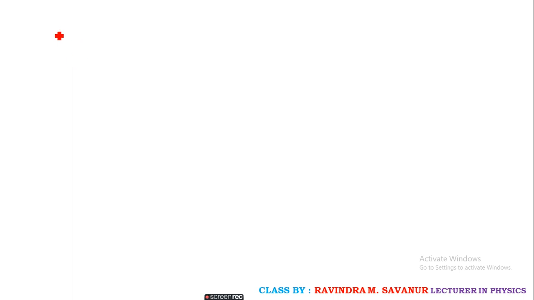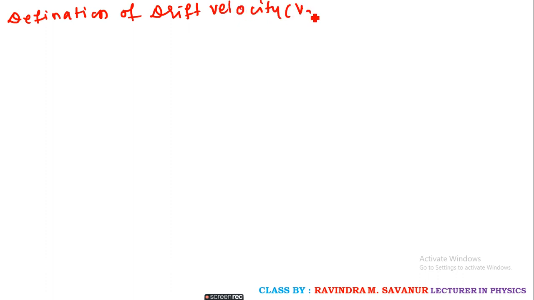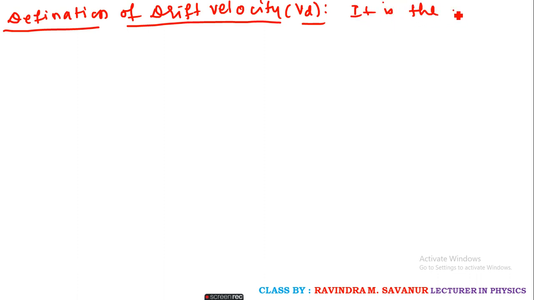The definition of drift velocity is given by, it is the average.